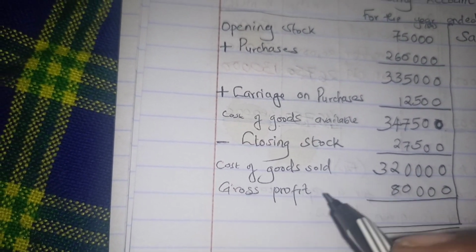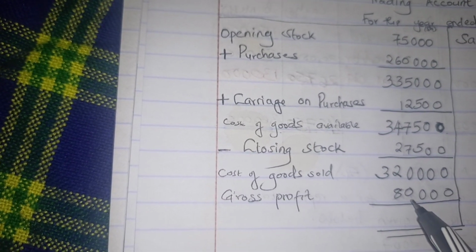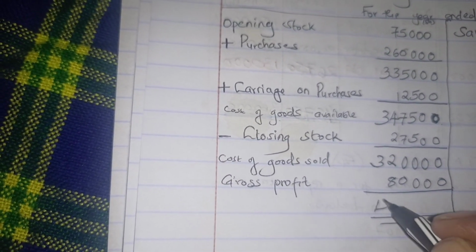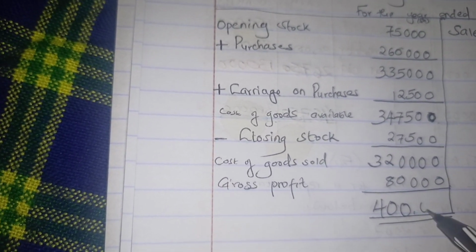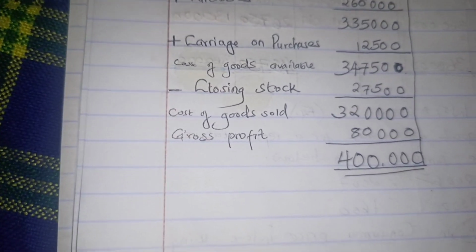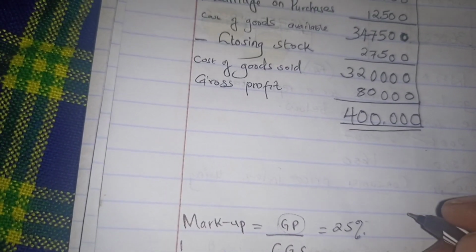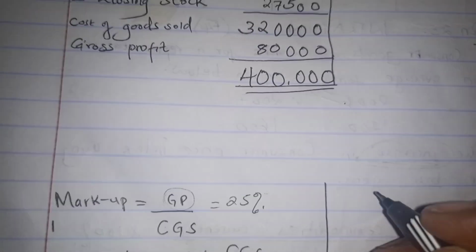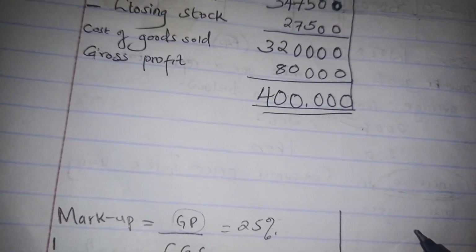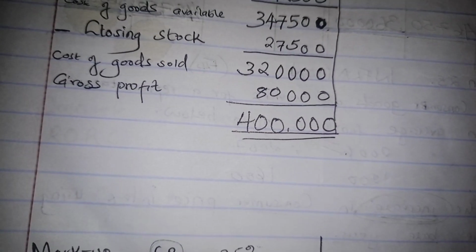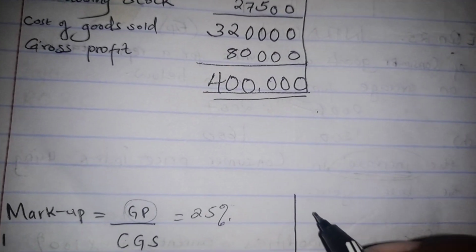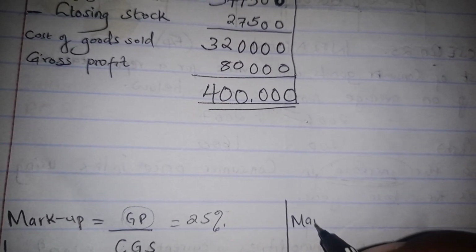So if we add these two, cost of goods sold plus gross profit, this will give us 400,000. Why am I saying we add those two? Let's move from known to unknown. How do we get margin?